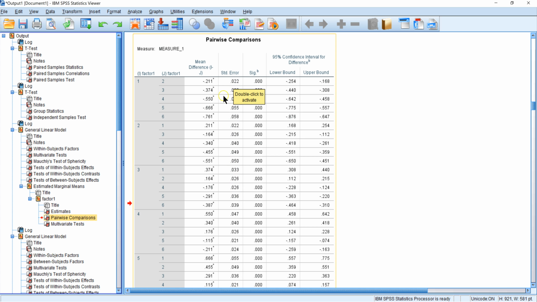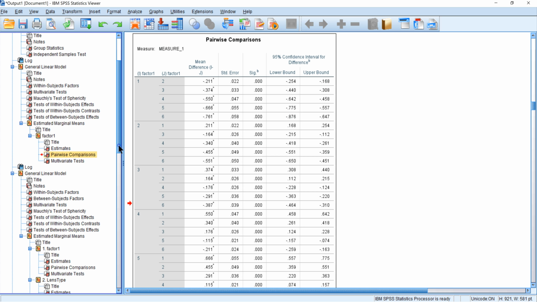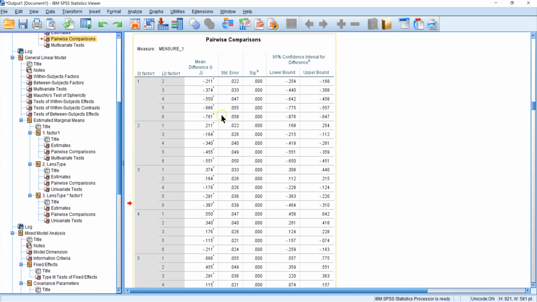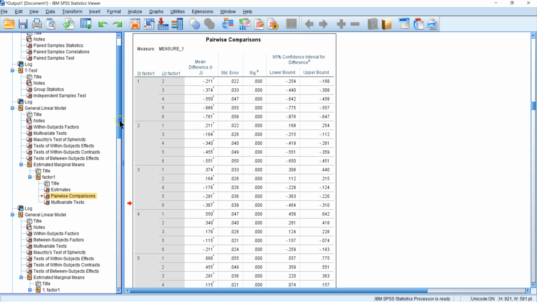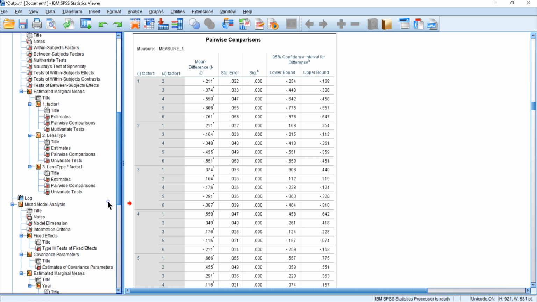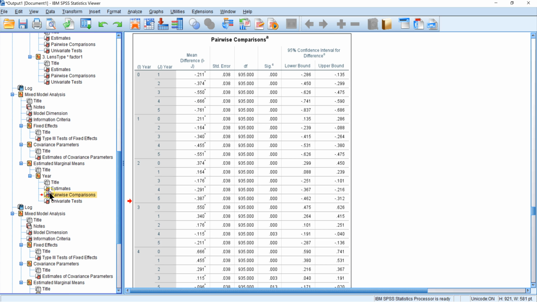Well, let's go to the mixed model. Now, as a reminder, the mixed model does not have all these different standard errors. It just has one standard error of 0.038.